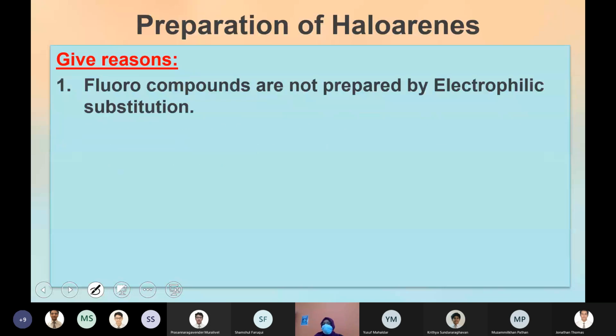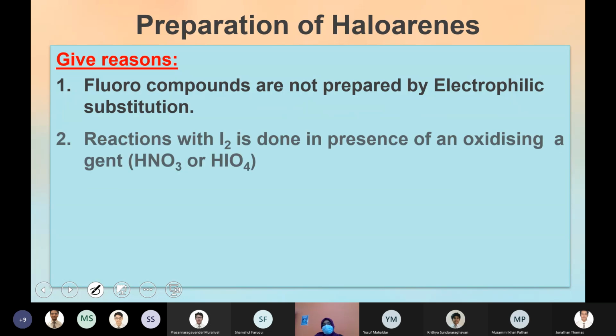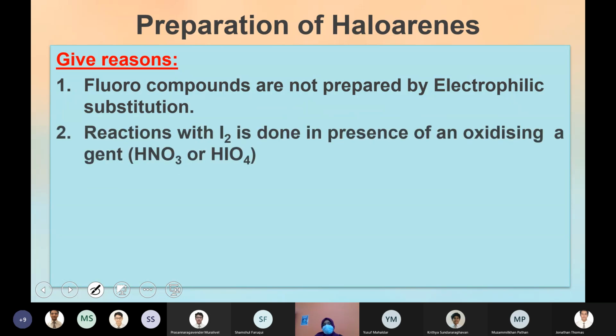Fluoro compounds are not prepared by electrophilic substitution. And if you're doing iodination, then it is done in the presence of an oxidizing agent, HNO3 or HIO3.